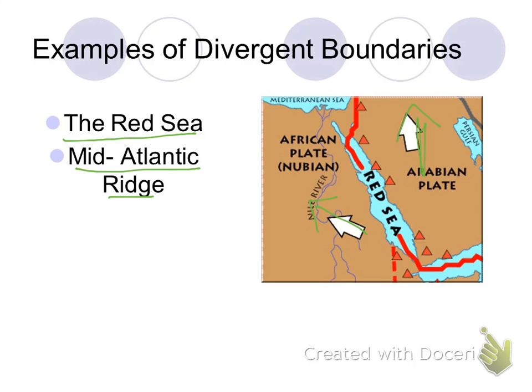So in theory, what's happening to the Red Sea? It's getting wider. It's getting bigger. Now remember, we just said we're talking between 1 centimeter and 12 centimeters a year. So is it going to grow huge in 1 year? No. But it is widening. And we can see that movement.